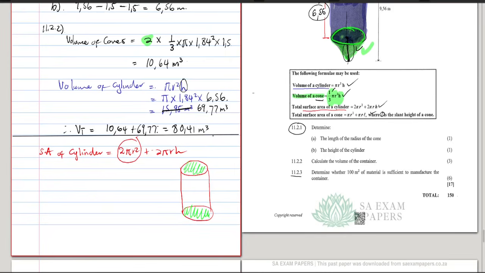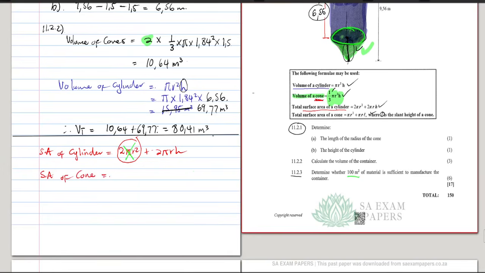So they're not going to be covered by this material, so we're going to disregard this part of the formula. Then we're going to have another discussion on the surface area of the cone.